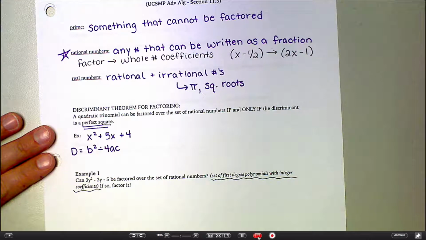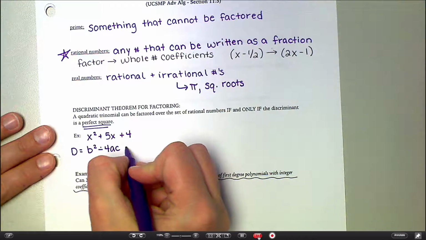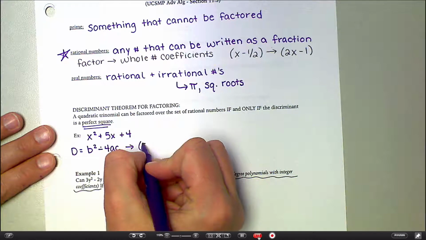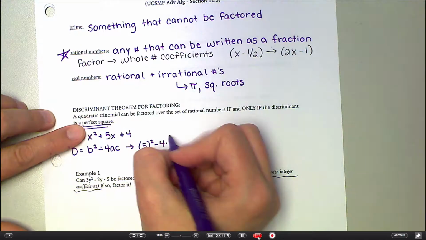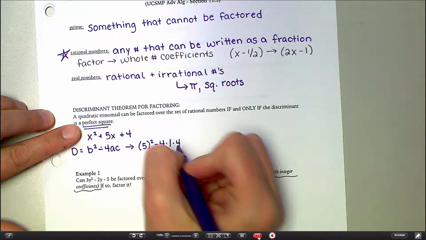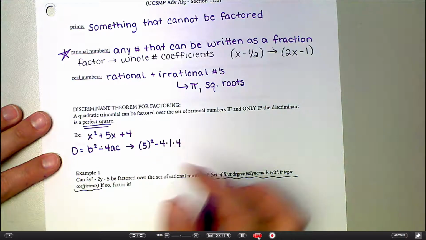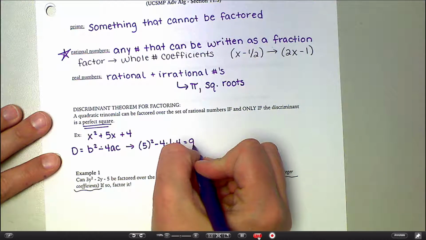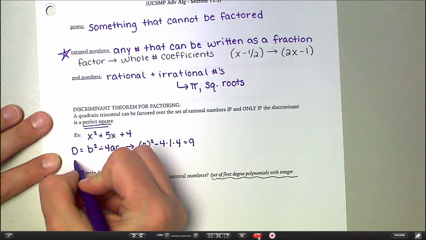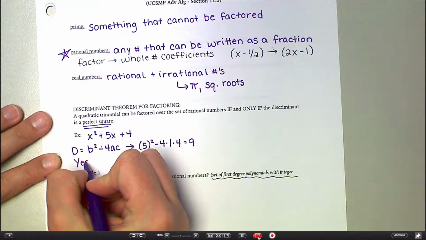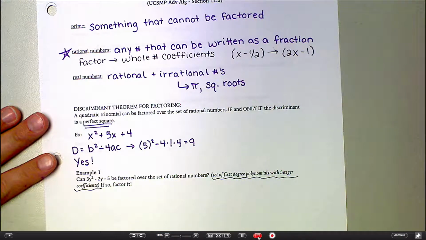So we would do 5 squared minus 4 times, my a value is a 1, times 4. 25 minus 16 is 9. Okay, 9 is a perfect square, so yes, this can be factored. Yes, it is factorable. Okay?